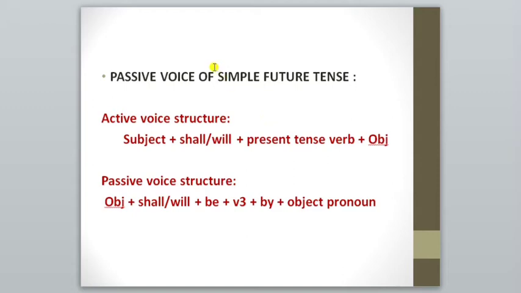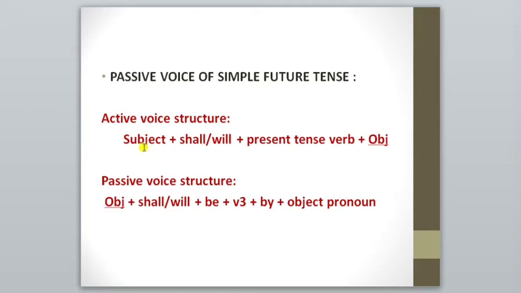Now we are going to see passive voice of simple future tense. Here the active voice structure is written. What is the active voice structure? Subject, as I told you many times, subject: I, we, you, he, she, it, they and any noun we can take.